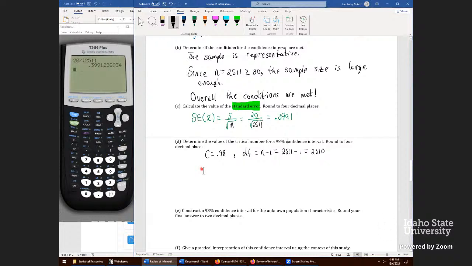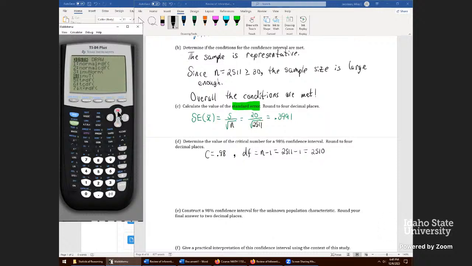Next thing we can write is, if confidence is at 0.98, you can pretty much just do this in your calculator. Go second bars, go to inverse T if you have an inverse T function on your calculator, and it wants right away area.